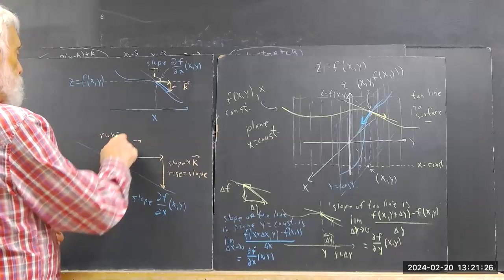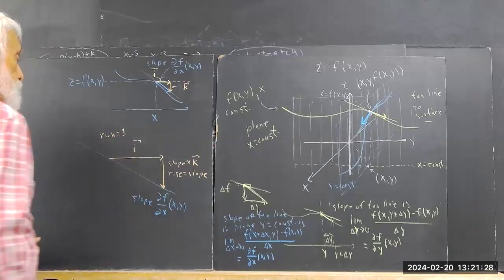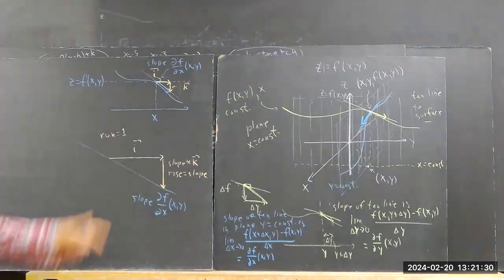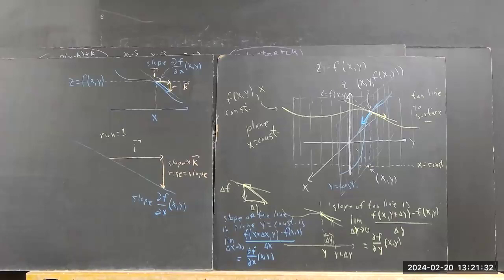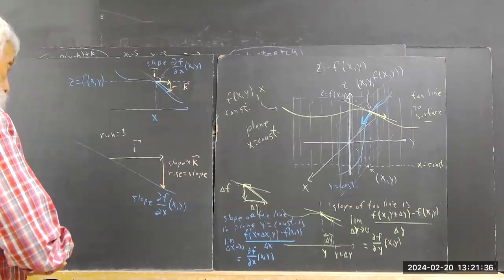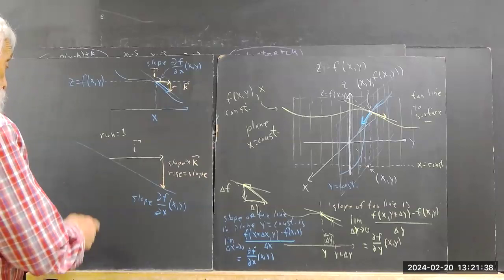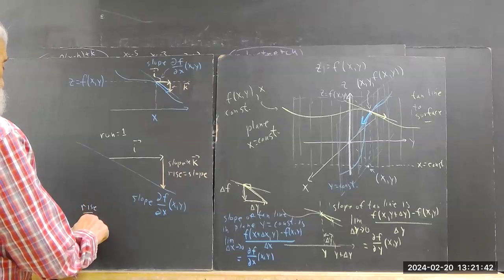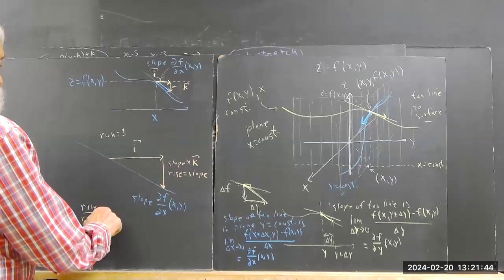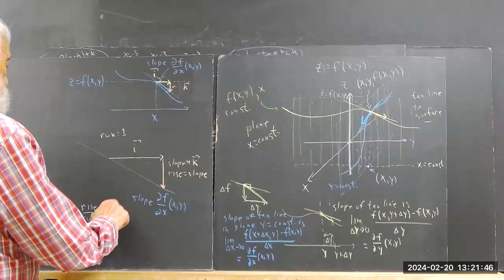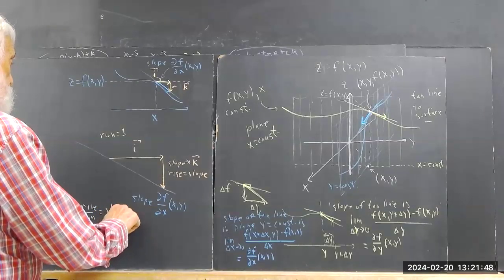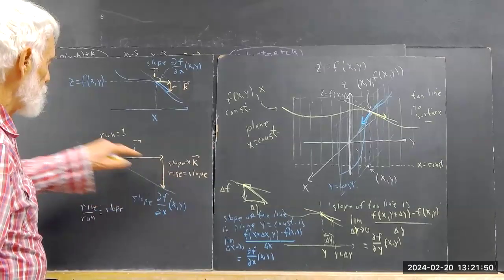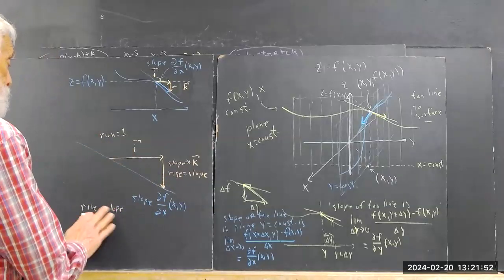And the run equals 1, the size of the unit vector, right? So you can write it as an equation: rise over run equals slope. If we do rise over run, we get slope over 1, right?